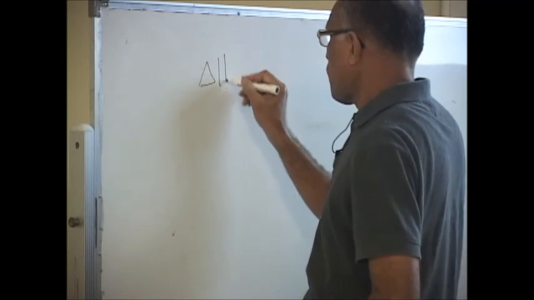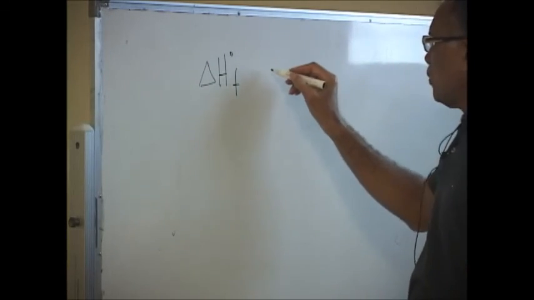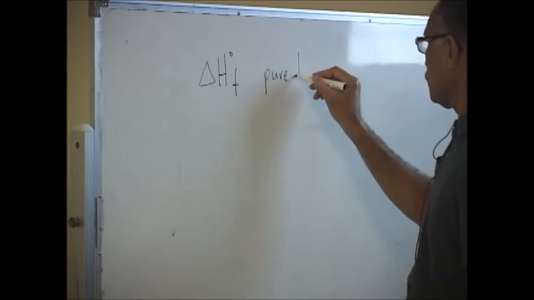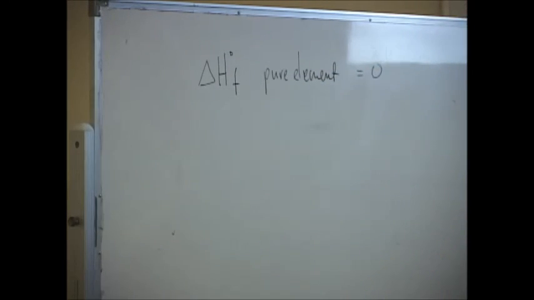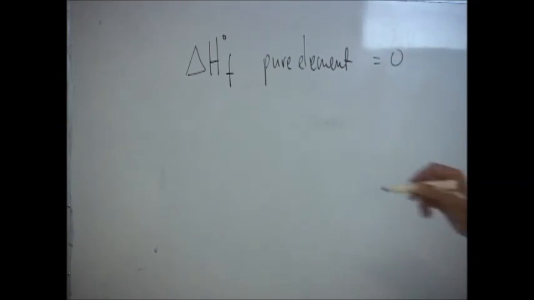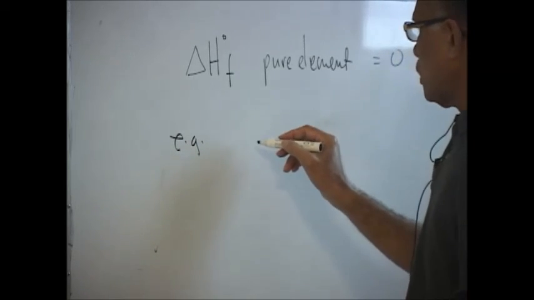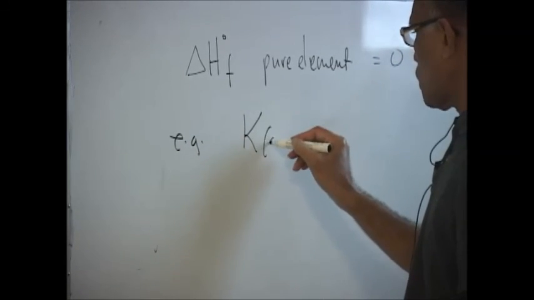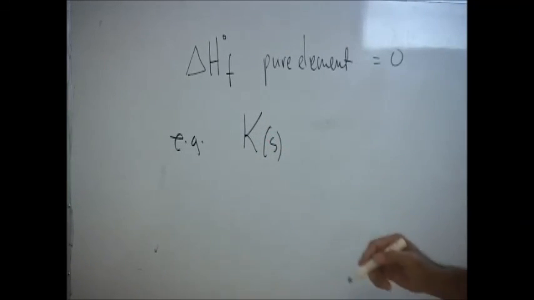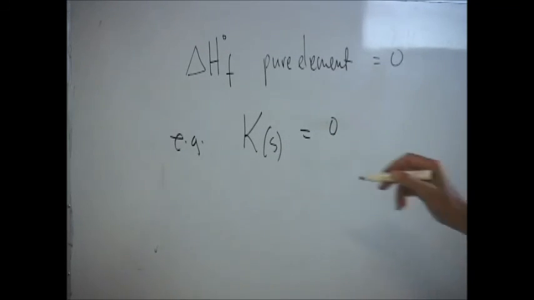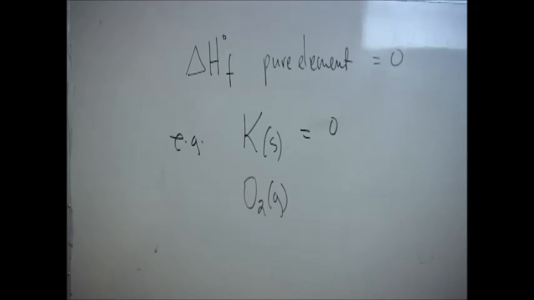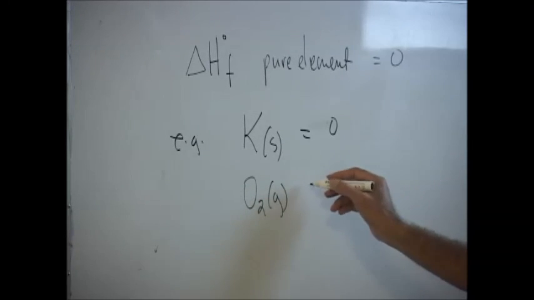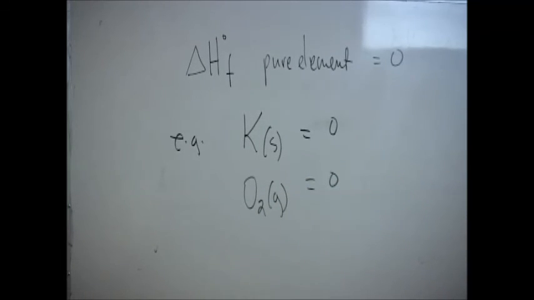The enthalpy of formation of pure elements is 0. For example, the enthalpy of formation of potassium solid, that's an element, at its pure standard state is 0. If you're looking at hydrogen or oxygen, let's say oxygen in the gaseous state at standard condition, that is 1 atmosphere, 25 degrees, it's 0, the enthalpy of formation.